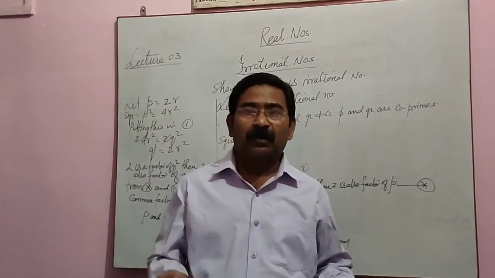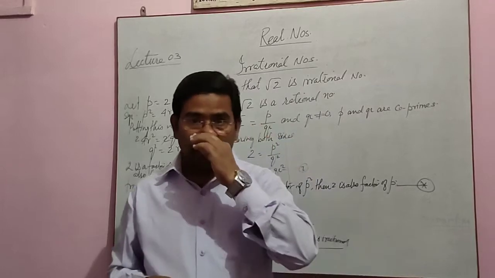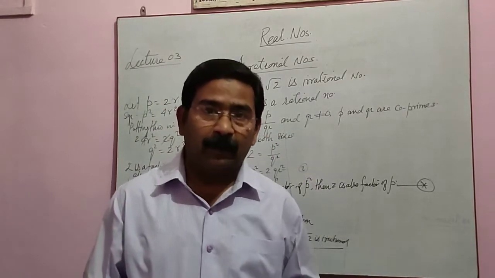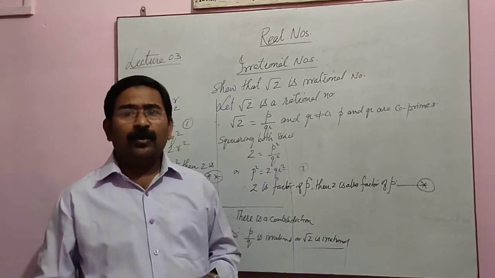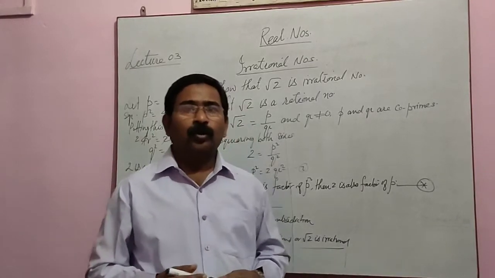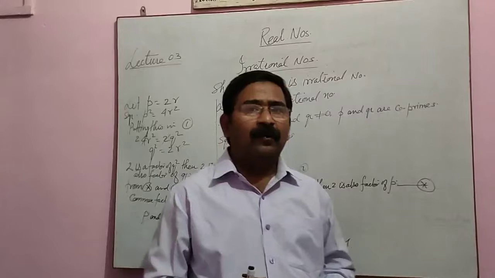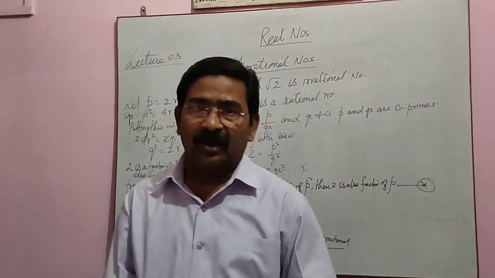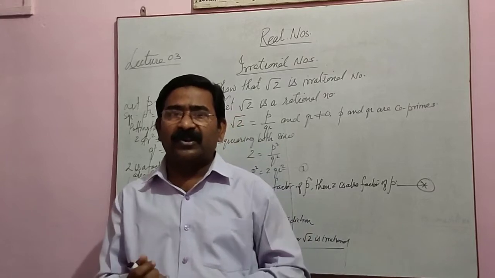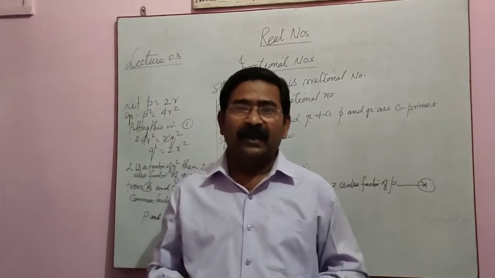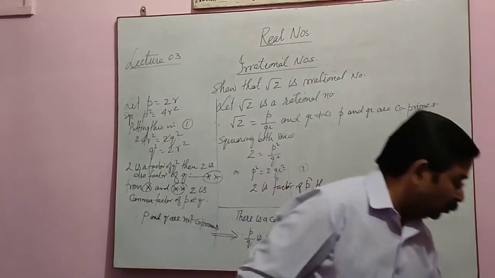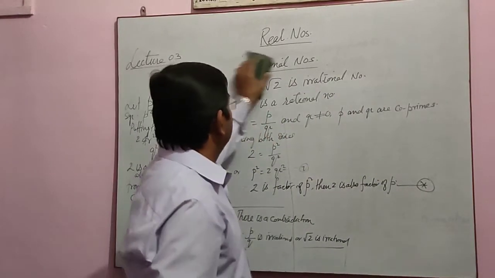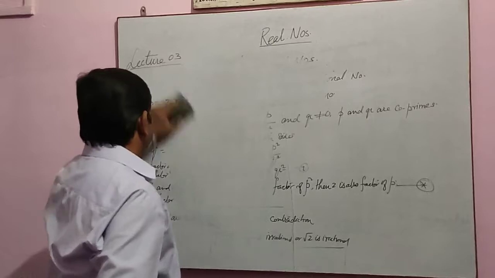Quotient of a rational number and irrational number is irrational number. So this thing you have to keep in mind. Sometimes you get a question to show that sum of a rational number and an irrational number is irrational, or difference of a rational number and an irrational number is irrational. So how to show it? Just I am rubbing the board and showing this.